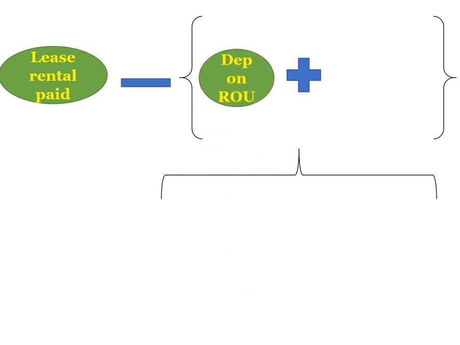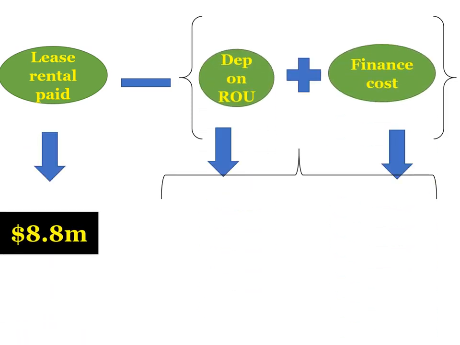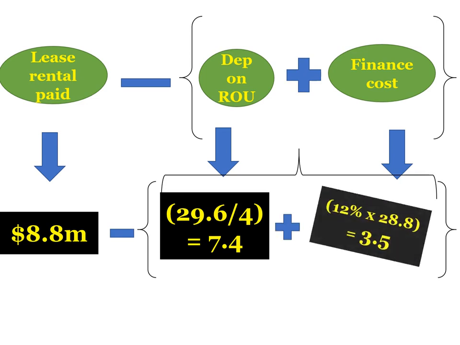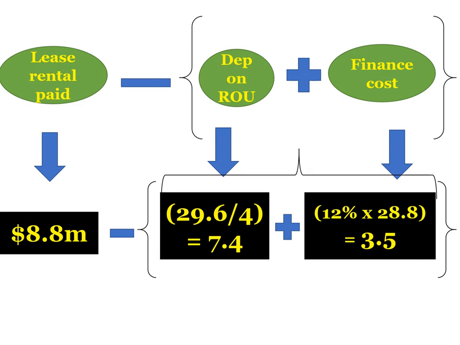So our lease rental, depreciation on right of use asset plus finance cost. Lease rental, we paid 8.8. Remember, we're told we pay 8.8 at the end of each year. Our depreciation on the right of use asset, this is what's going through an income statement, is 29.6 divided by 4, which is 7.4. Our finance cost is 12% times 28.8.